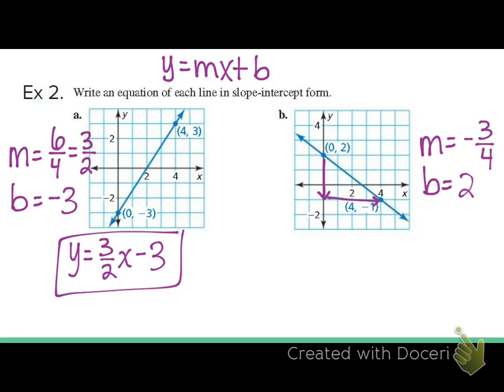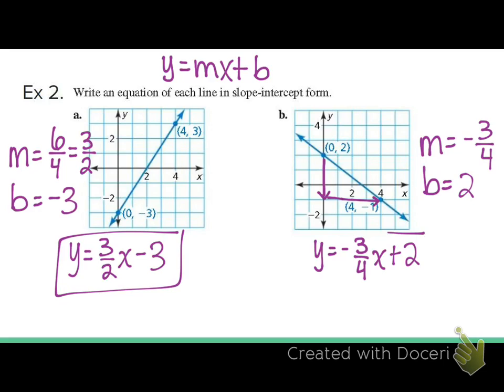So I would agree with a negative 3 over 4 because we went down and then right. So negative and positive. y equals negative 3/4 x plus 2. Good, that makes our equation y equals negative 3/4 x plus 2.